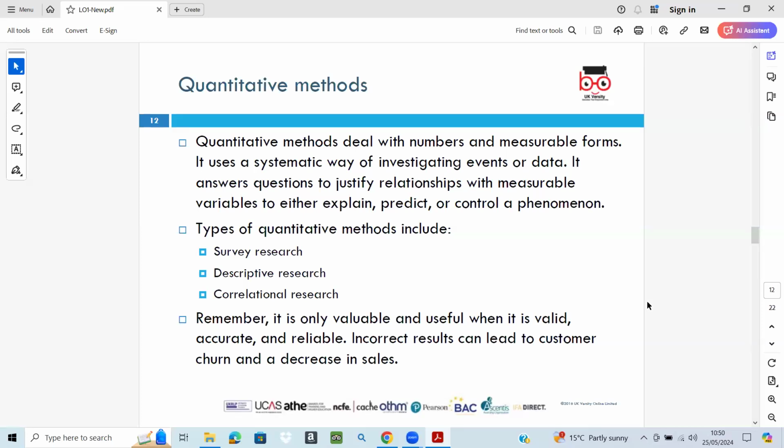Then we have, if we discuss some of the characteristics of the quantitative research method, we have numerical data, statistical analysis, objective measurement, and hypothesis testing.